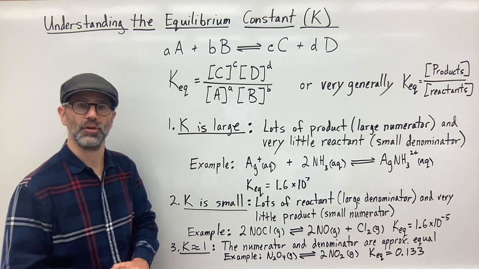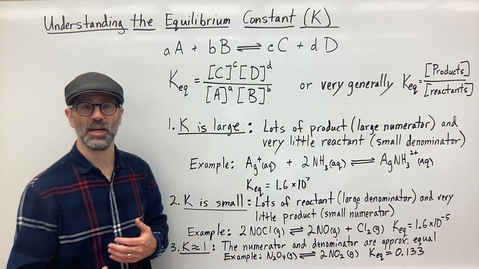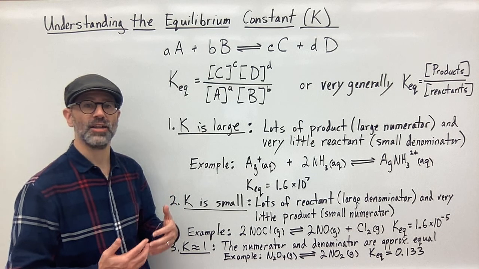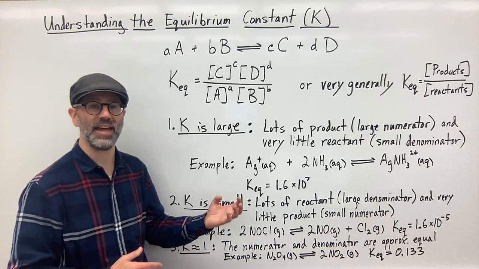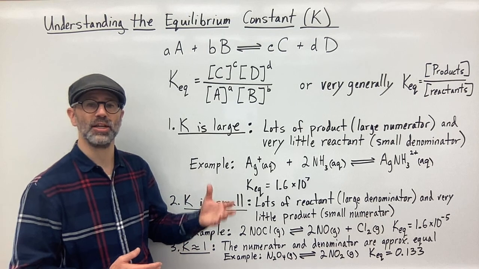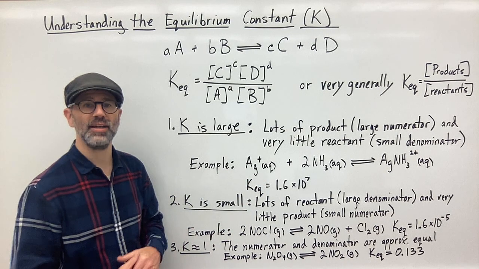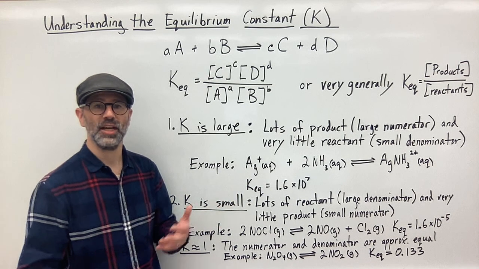For example, you might know of something called the Ka or the Kb. Those are equilibrium constants that involve acids or bases. So Ka is the equilibrium constant for a dissociation of an acid in water. Your Kb is going to be the equilibrium constant related to a base dissociated in water.